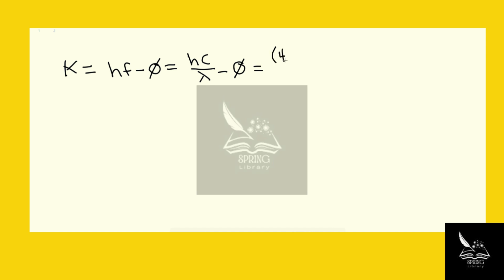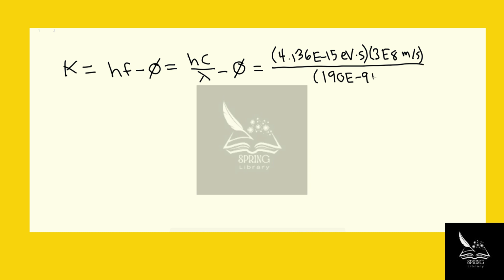Using electron volt values, 4.136 e to the negative 15 electron volt seconds times 3 times 10 to the 8 meters per second, all of that over our lambda, which in this case is 190 e to the negative 9, 190 nanometers. And of course, subtracting from this whole quantity the work function, which for potassium is 2.3 electron volts.